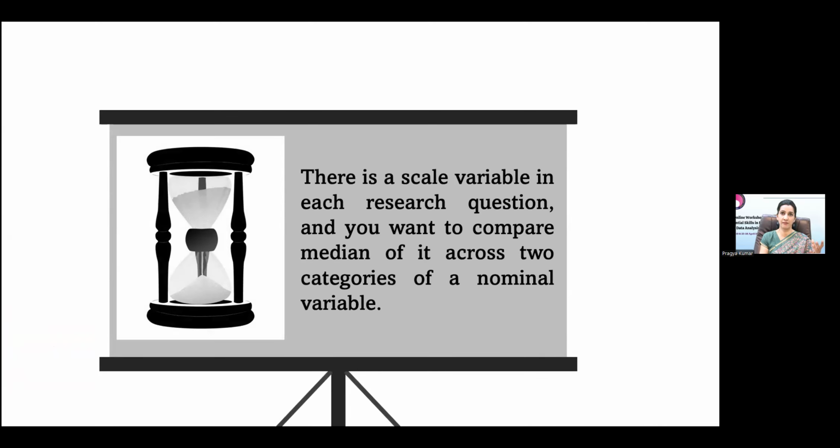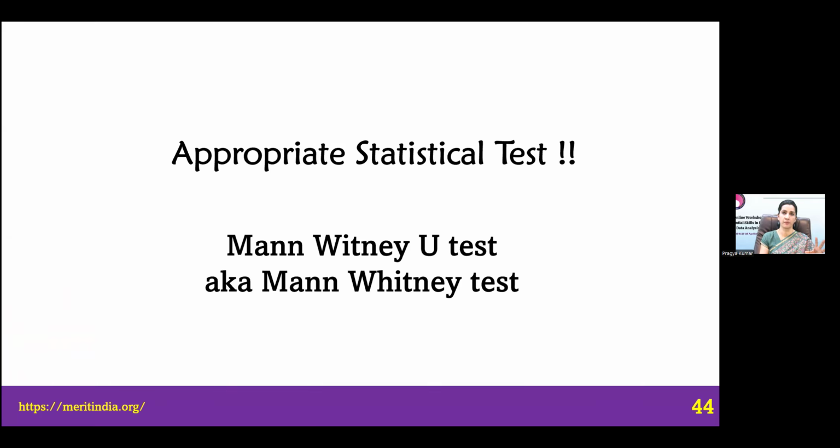So in all these sets, there is a scale variable which is not normally distributed, and I want to compare it across the two categories of a nominal variable. So the appropriate test is the Mann-Whitney U test, also known as the Mann-Whitney test.